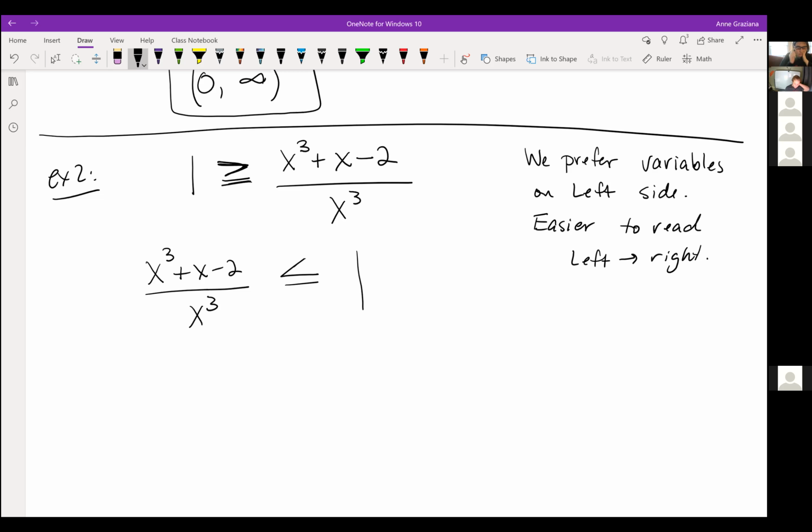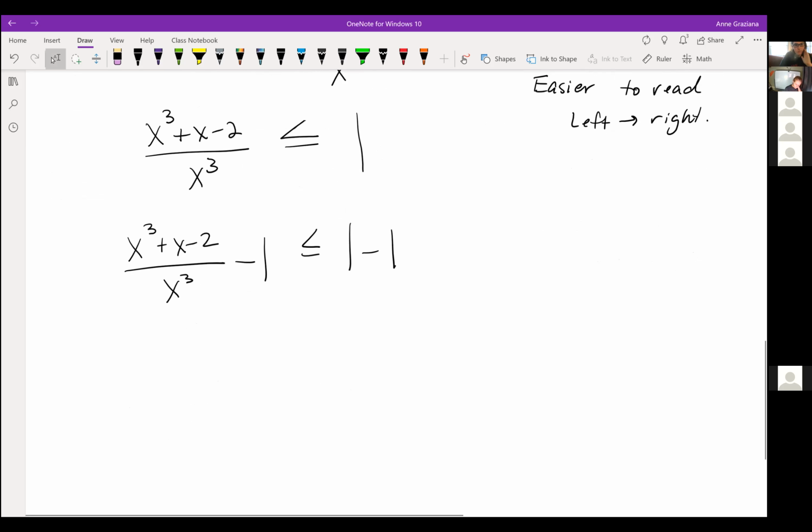Okay. Now, we're going to get everything on one side. Let's subtract 1 from both sides. So we get x cubed plus x minus 2 over x cubed minus 1 is less than or equal to 0.